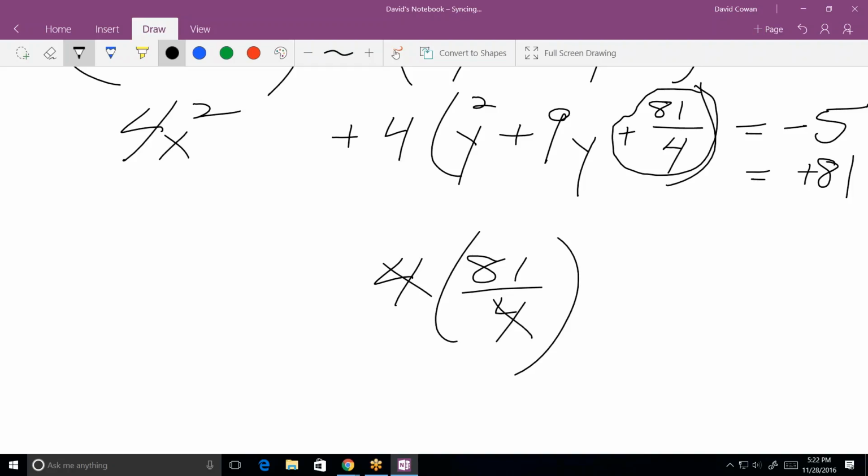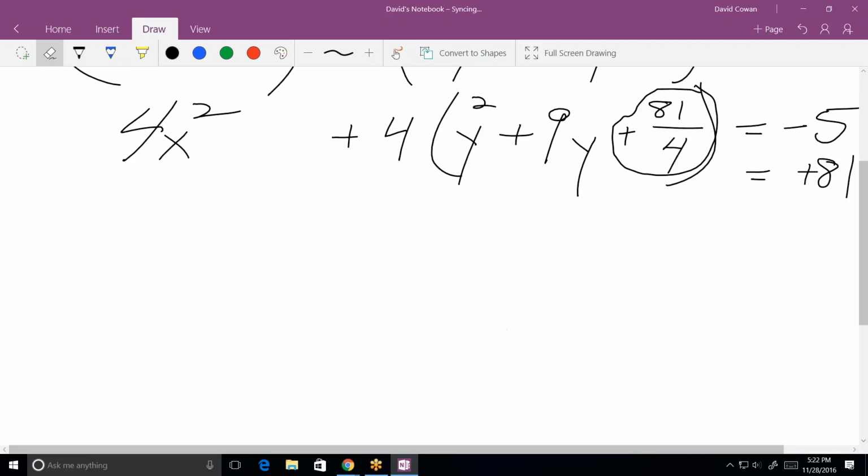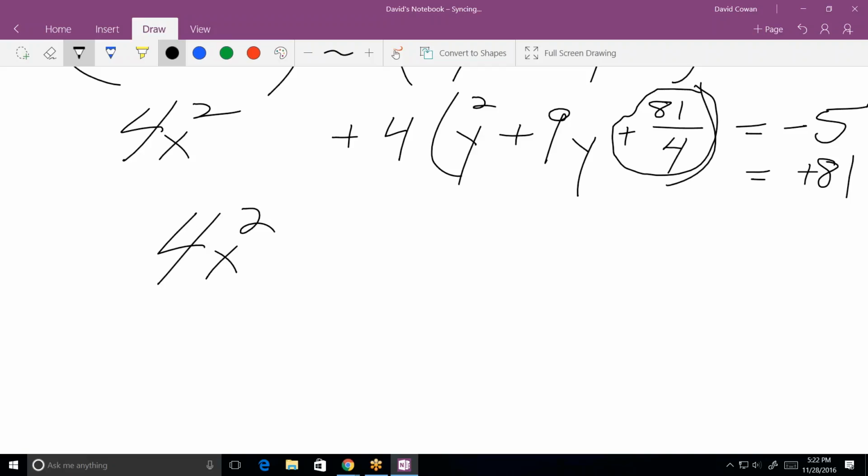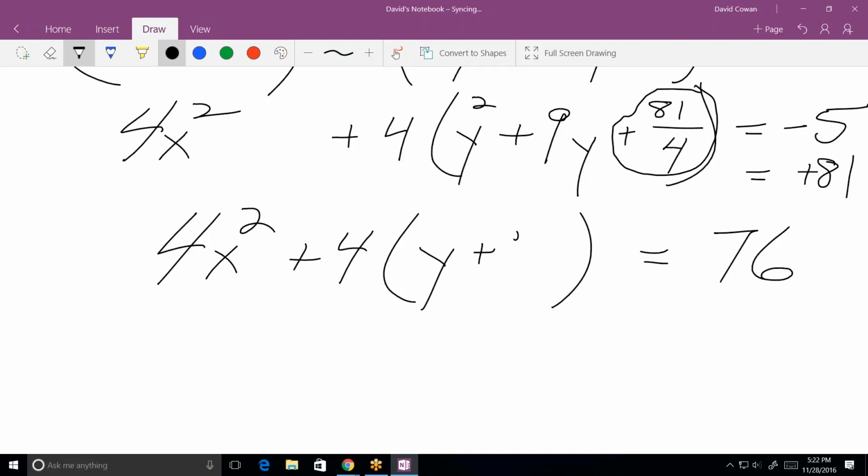So now, how do I write this? y plus 9 halves squared equals 76. And now what?